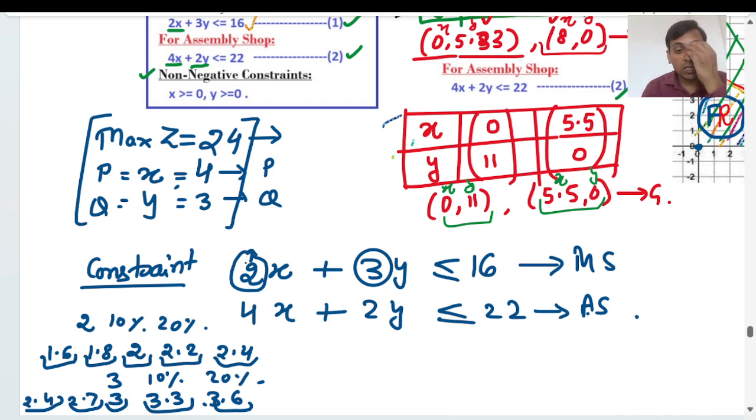So if we change 10% in both, this means if we are writing this as 2.2 and this as 3.3, now the impact on total profit: suppose the total profit is increased and this is now 28 rupees. Suppose when we put 20% change in these two quantities, then the total profit is 29.